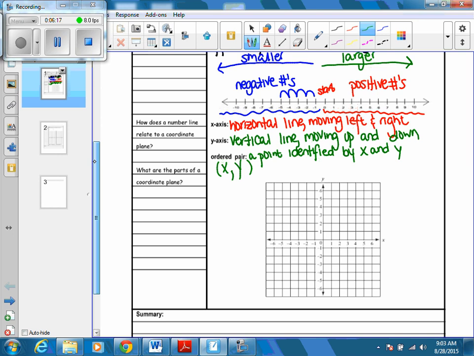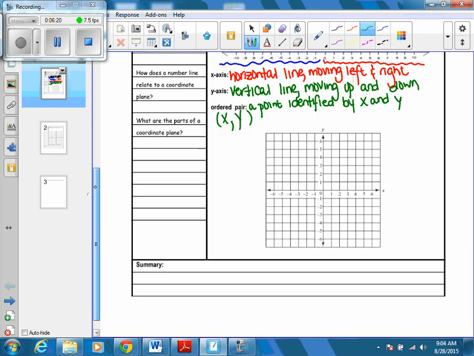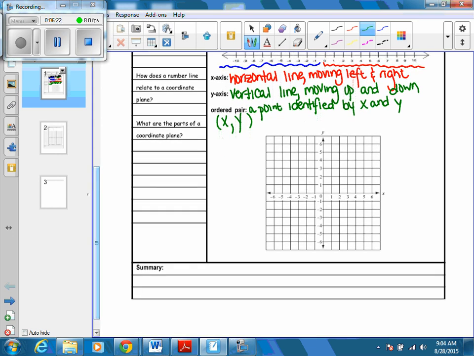If we keep going down, let's talk about what this graph means. This whole graph is called a coordinate plane. Above we just talked about an x-axis and a y-axis. Remember, our x-axis is that horizontal line, the line that starts here and keeps going over here.